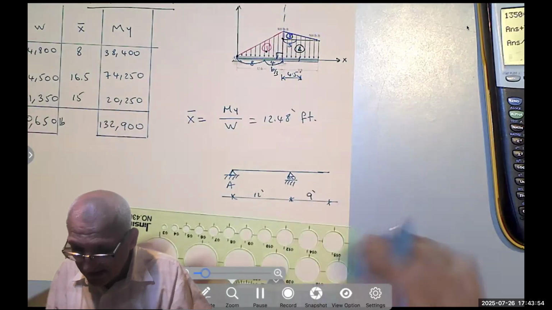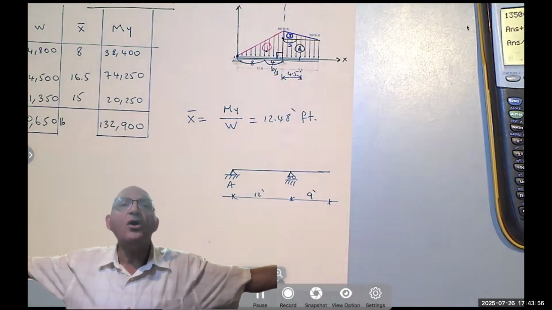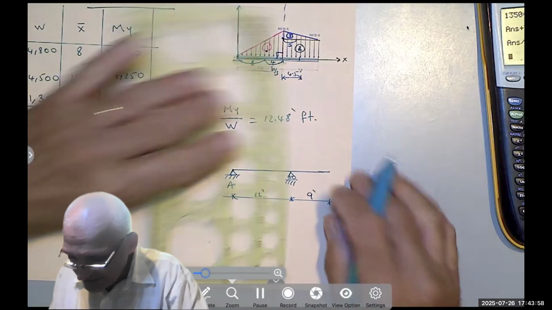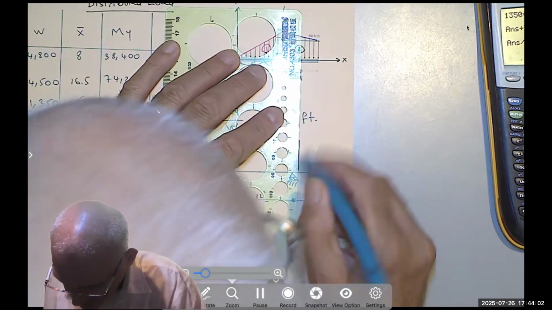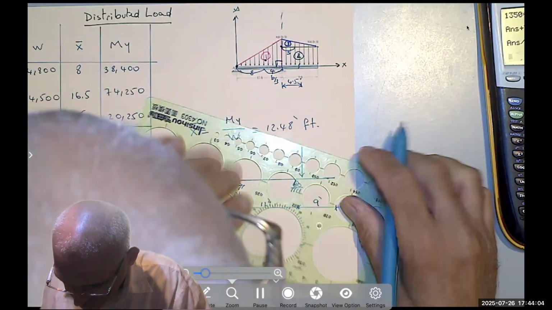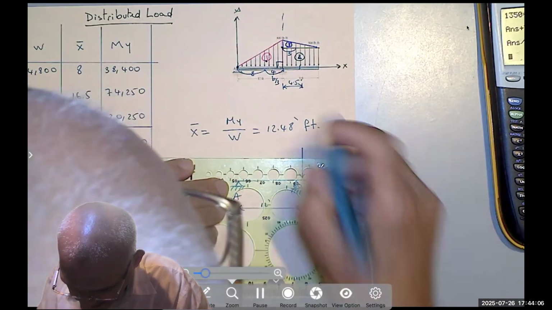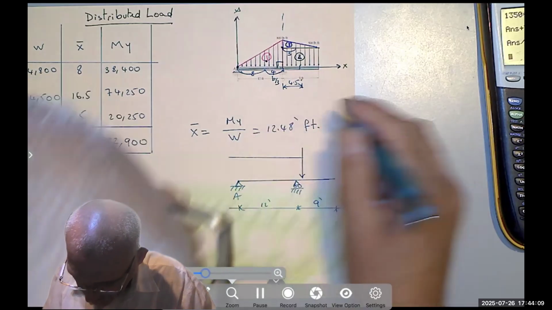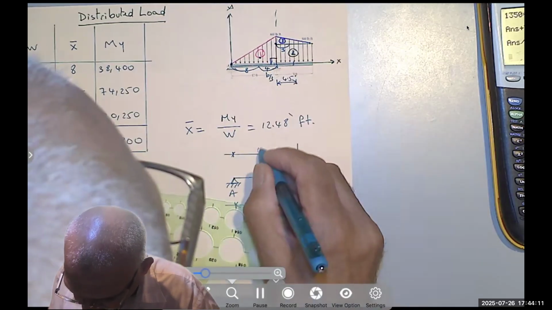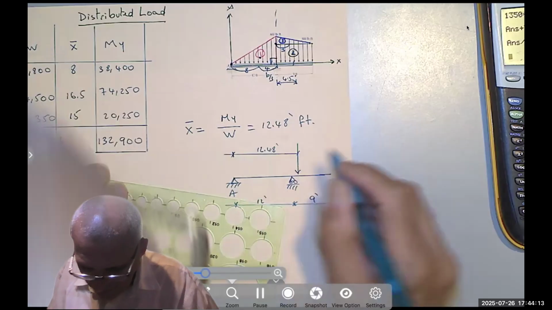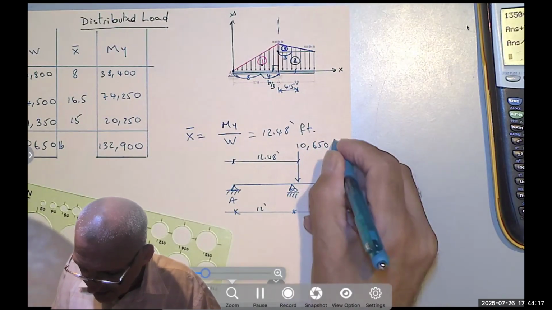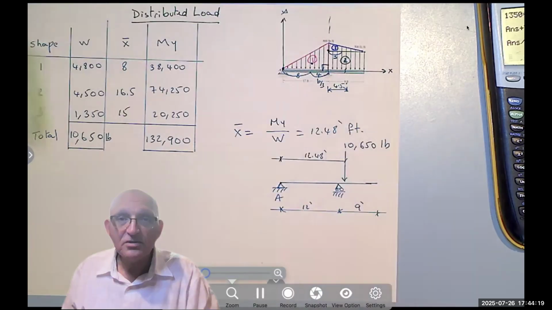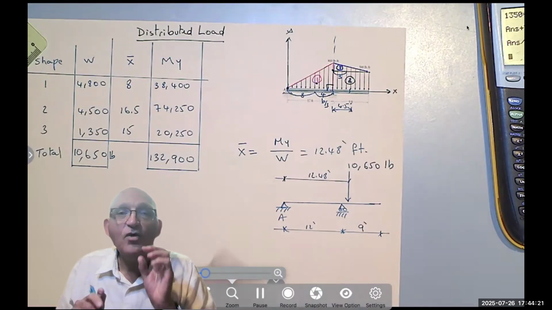And we say that I can replace all of these loads with a single load here that is 12.48 feet away from point A, with a magnitude of 10,650 pounds. These two would be equivalent.